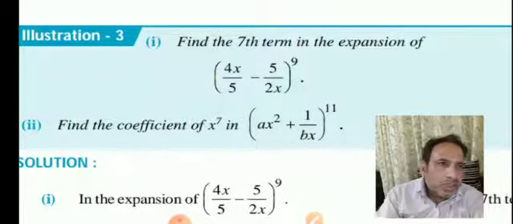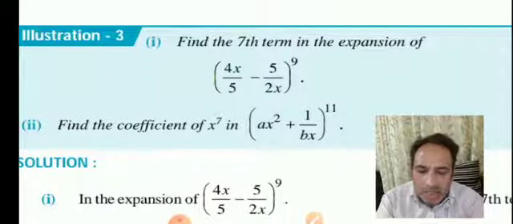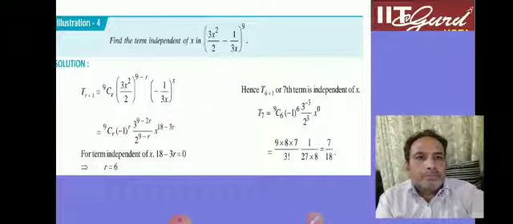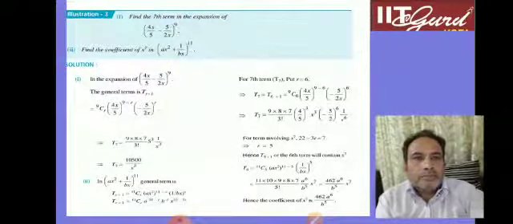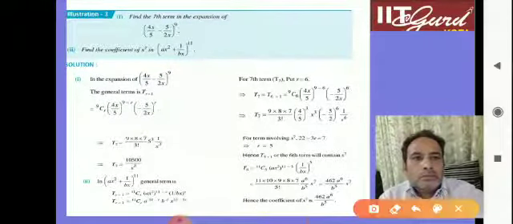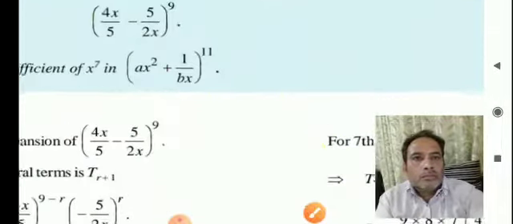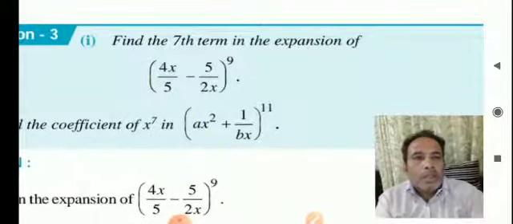So let's say the r plus 1th term will be the seventh term.